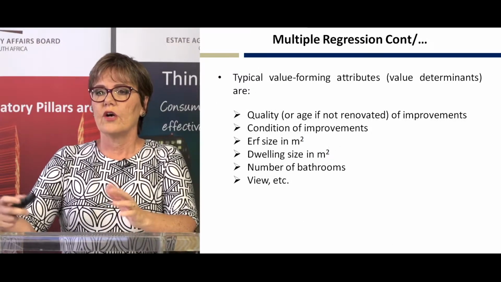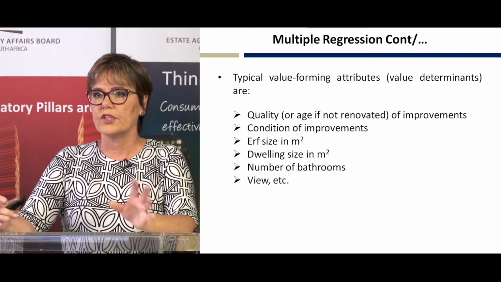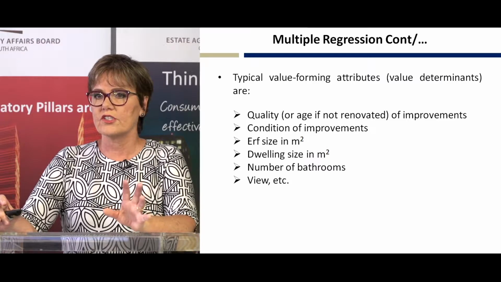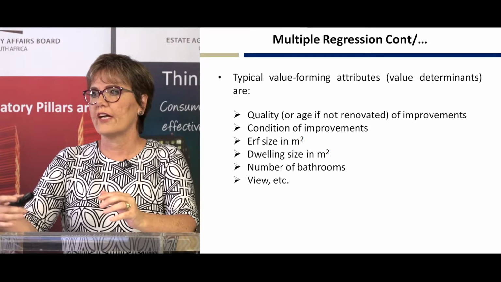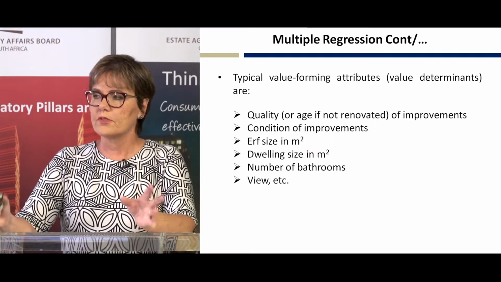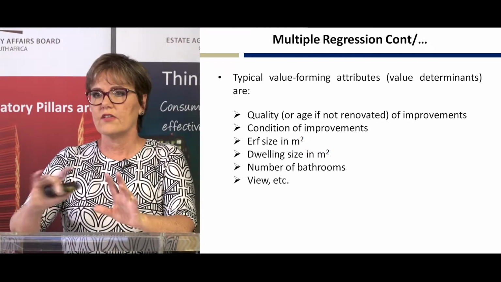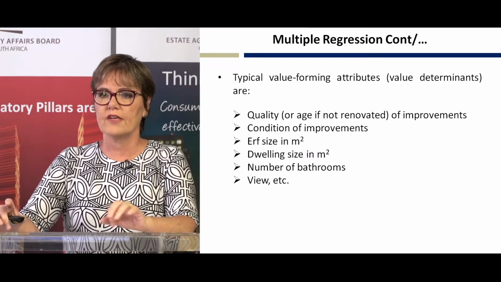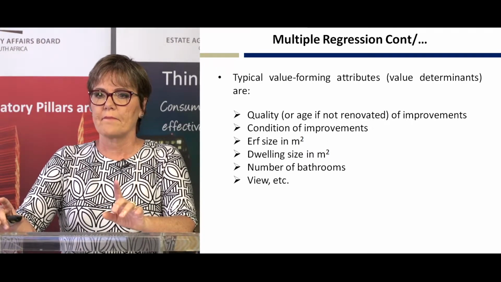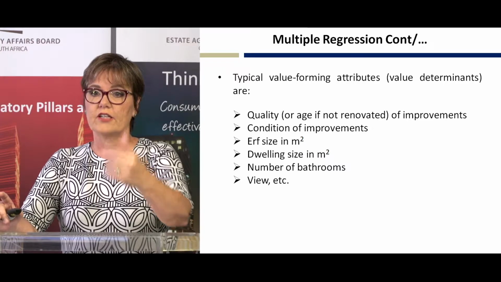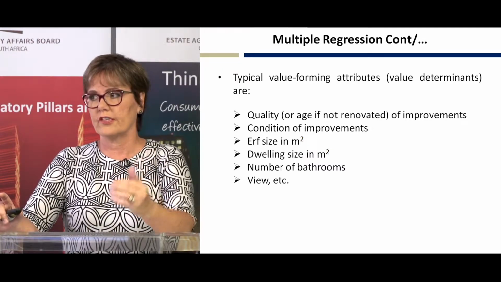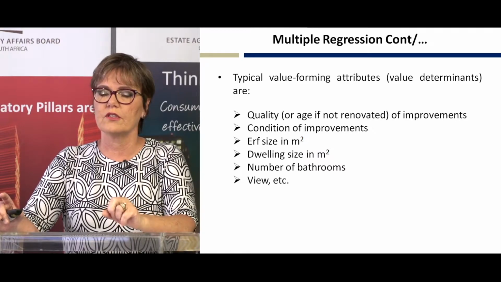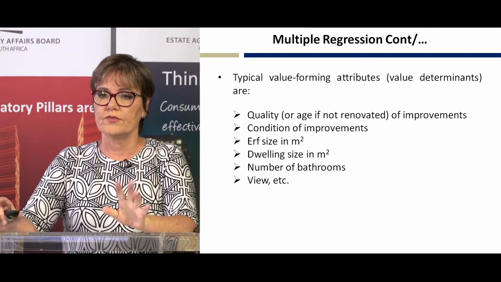Okay, so how the multiple regression works is we are looking at certain typical value-forming attributes or value determinants, and PropStats have this in their spreadsheet. They give us the condition of the improvements, but unfortunately they don't give quality, which we feel would be first prize.